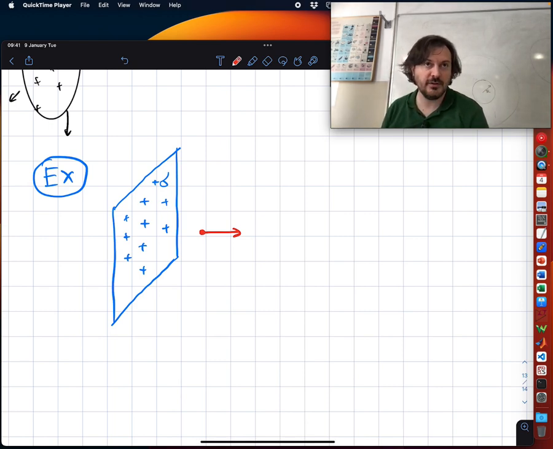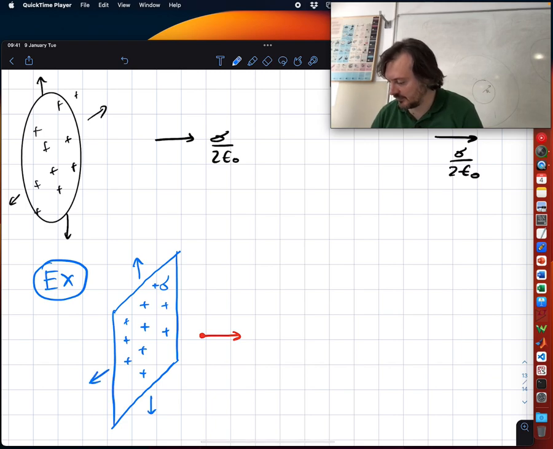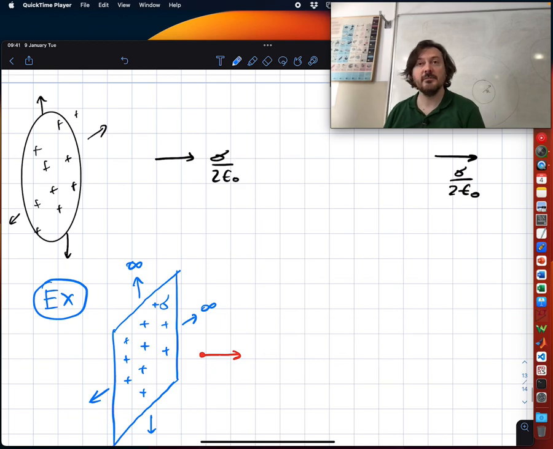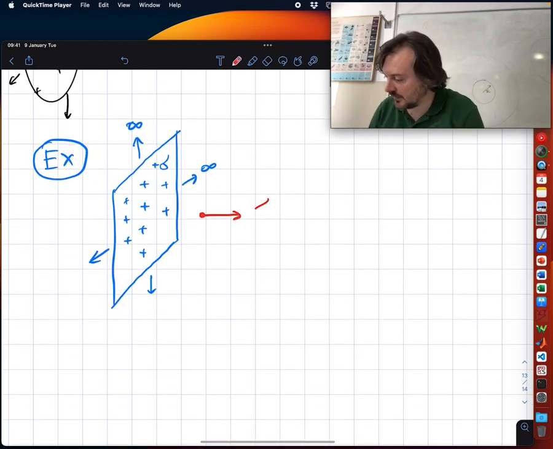You already know this. Please tell me. It goes to infinity? What is it? Sigma over 2 epsilon 0, right? Sigma over 2 epsilon 0.